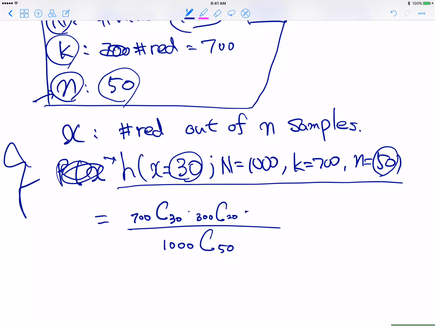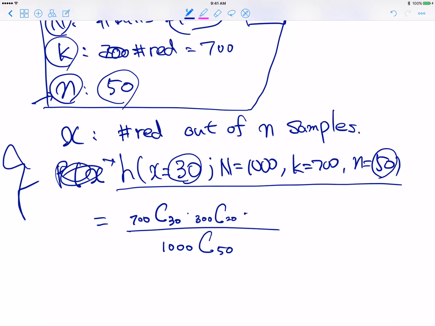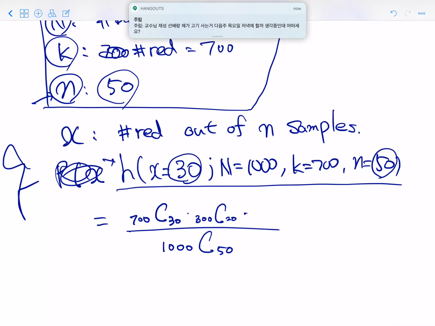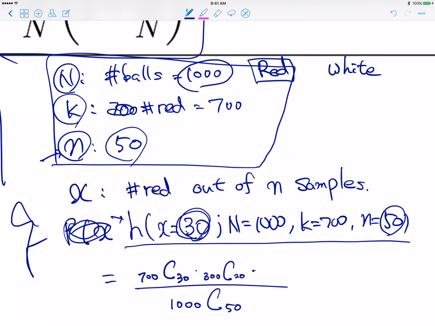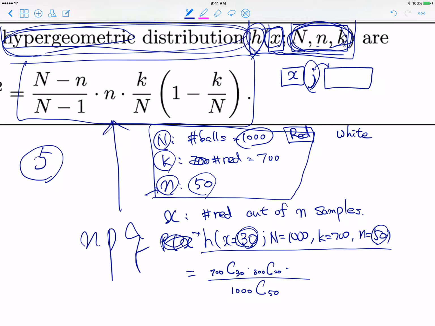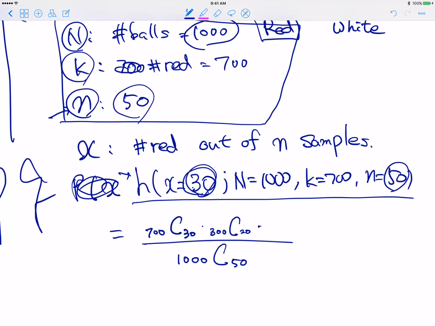And then we have 30 red balls, and so the probability of having this, let's see. No, in this case, we do not think about the probability.